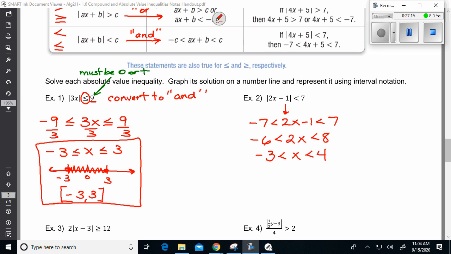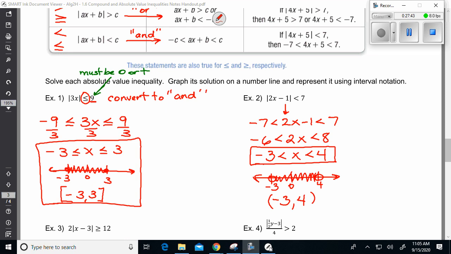So there's your algebraic answer. And then your graph and interval notation follows from that. There's the graph. There's your interval notation. Any questions? Example 2.